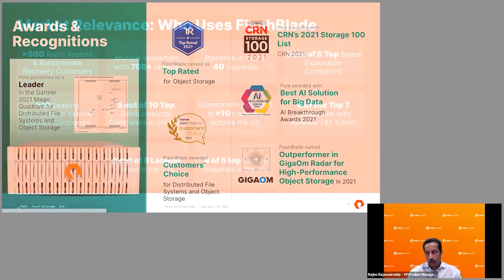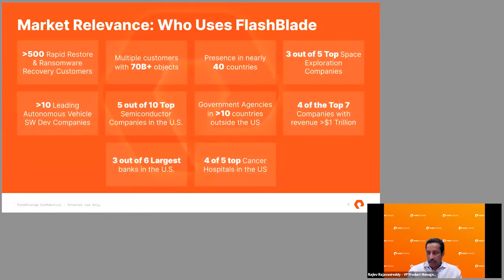But to get to your question, Kimberly, this represents a snapshot and a sampling of how customers are using FlashBlade and where FlashBlade is deployed. Geographically, we have a presence in nearly 40 countries, and outside of the US, the government agencies of more than 10 countries have deployed FlashBlade.